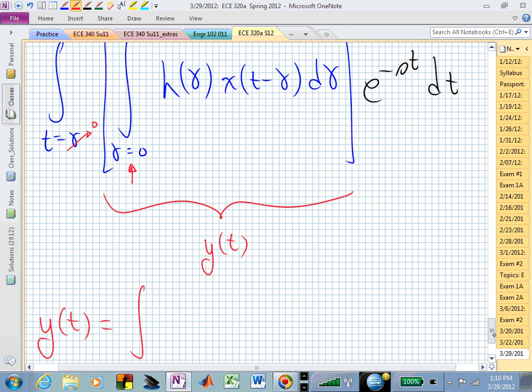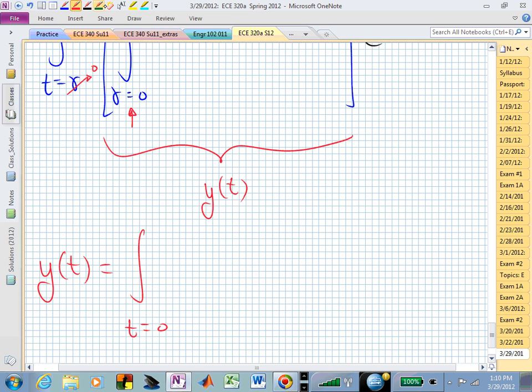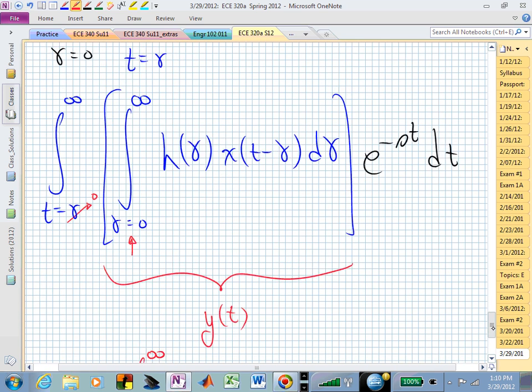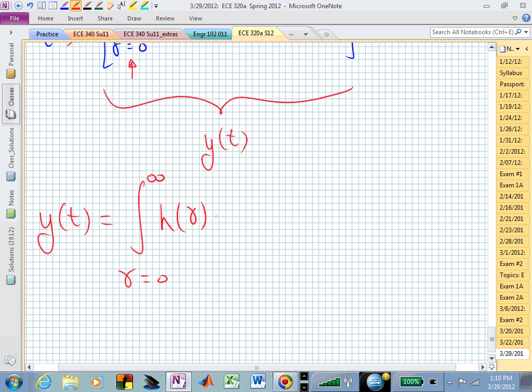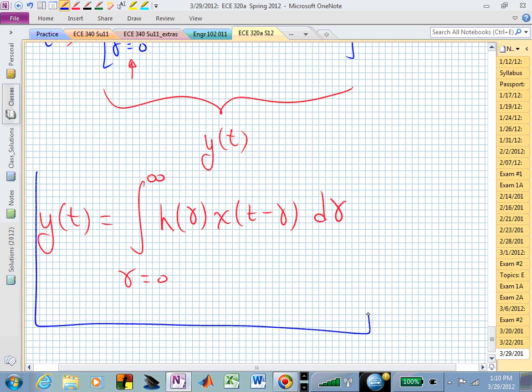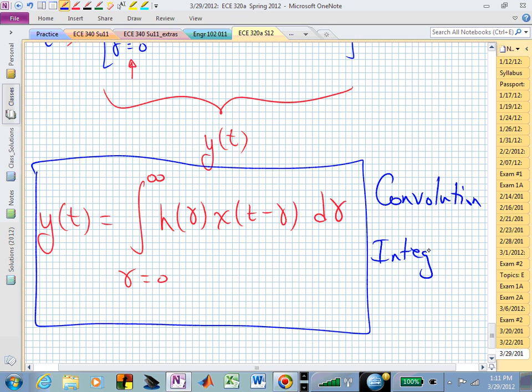Let me do the following. I'll just go ahead and use gamma since that's what I was doing before. So y of t is equal to the integral from gamma equals 0 to infinity of h of gamma x of t minus gamma d gamma. And this is our convolution integral.